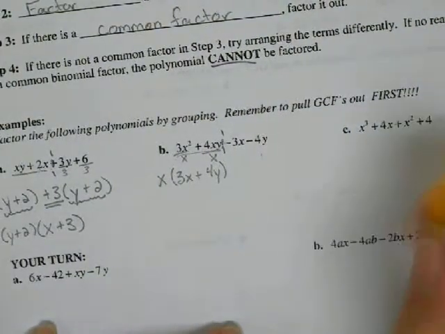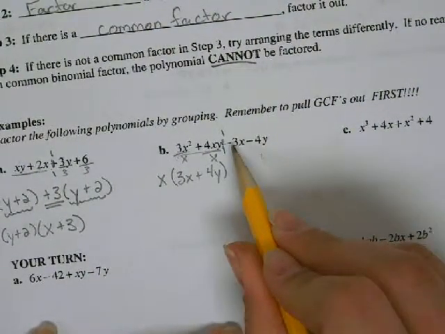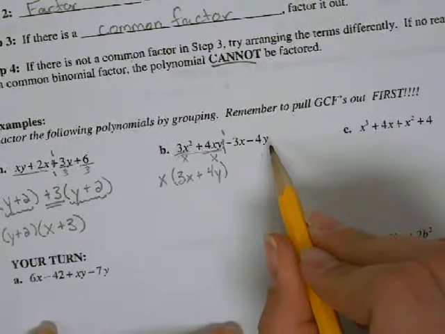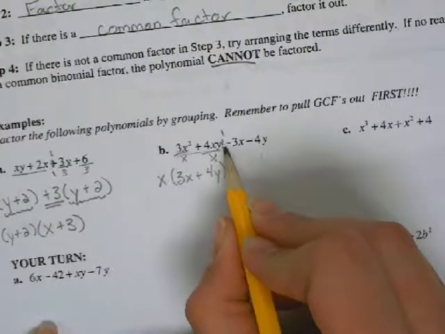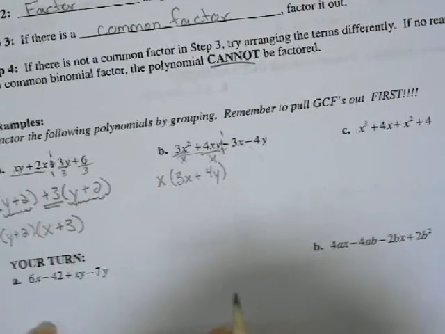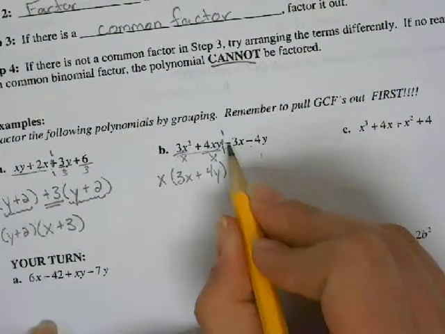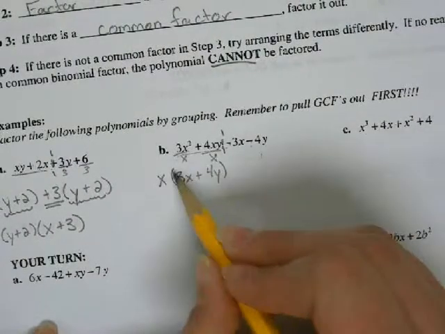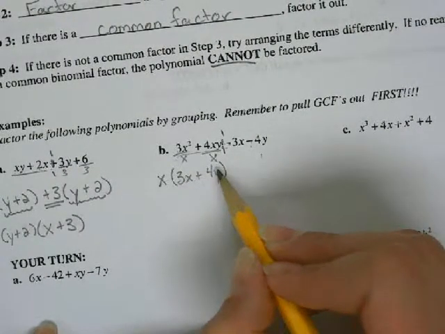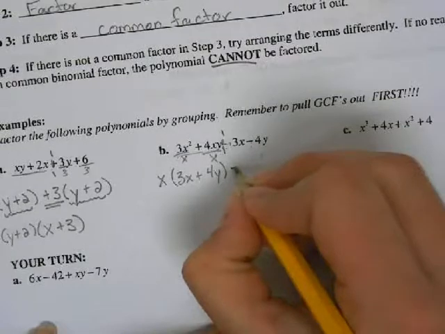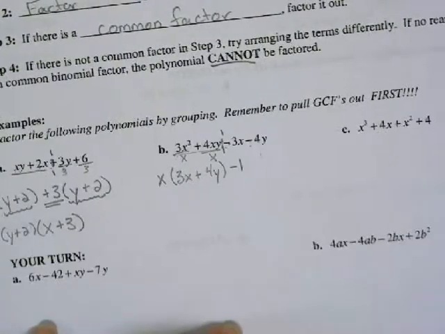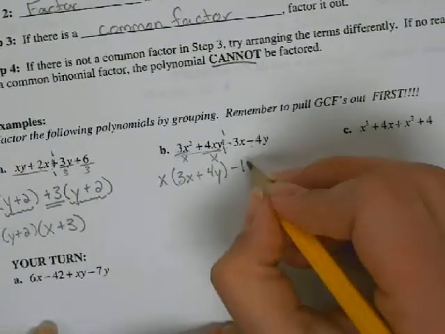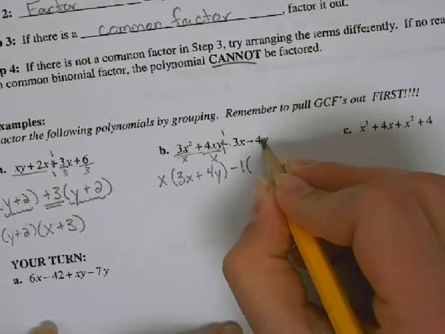Now on the second part, I don't really have a whole lot here, but what I can do is notice I have a negative and a negative. Well, I want what's in my parentheses to both be positive. So if I factor a negative 1 out, then both of these will switch signs.